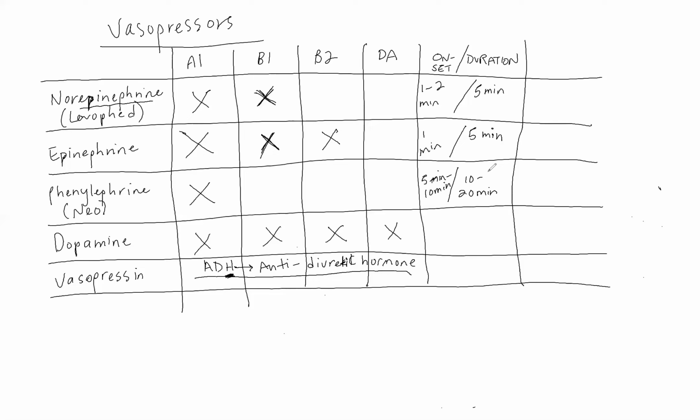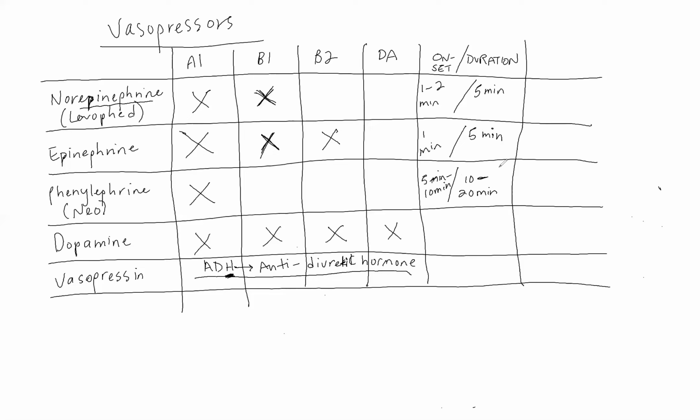And when we get a patient who is on neo, who's on phenylephrine, we titrate it very similarly to how we titrate norepinephrine, and then we end up in trouble. Expecting this familiar 5-minute duration, we may titrate phenylephrine a little bit faster than we probably need to, and we end up having multiple titrations before the first titration even kicks in. So just something to be very aware of.